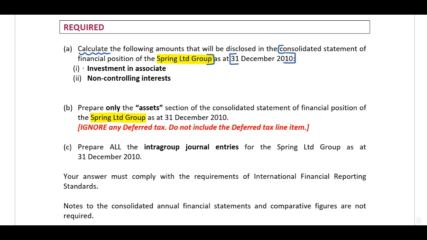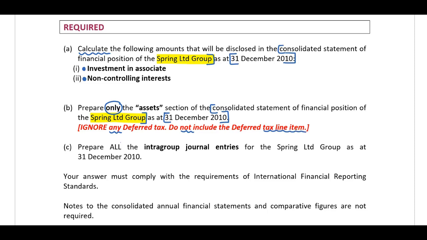The investment in associates in terms of IAS 28 equity method and our non-controlling interests. B. Prepare only the assets section of the consolidated statement of financial position of the Spring Limited Group as at 31 December 2010. Ignore any deferred tax, therefore do not include a deferred tax line item.